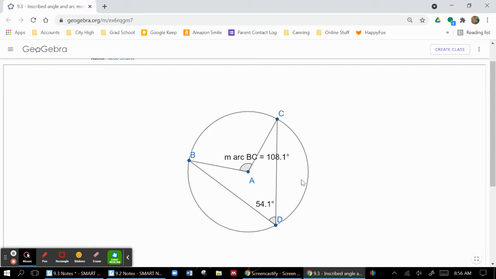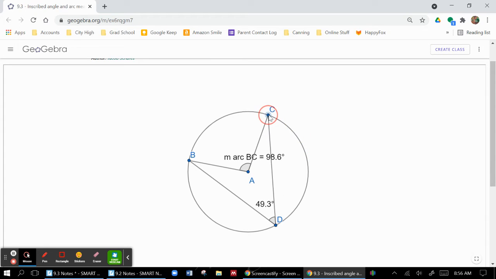So here I've got a circle, I've got my inscribed angle, and I've got my central angle, which is the same measurement as my arc. You can see right now 108.1 and 54.1, within a rounding error, that's half. And as I move these around, you'll see 66 and 33, 175 and 92, that's half as well. 151 and 70, almost 76, that's half.